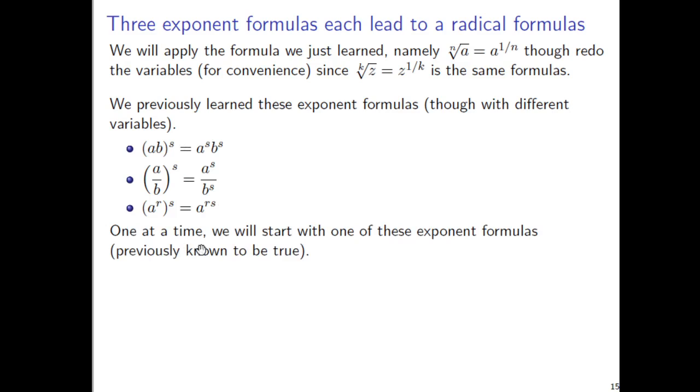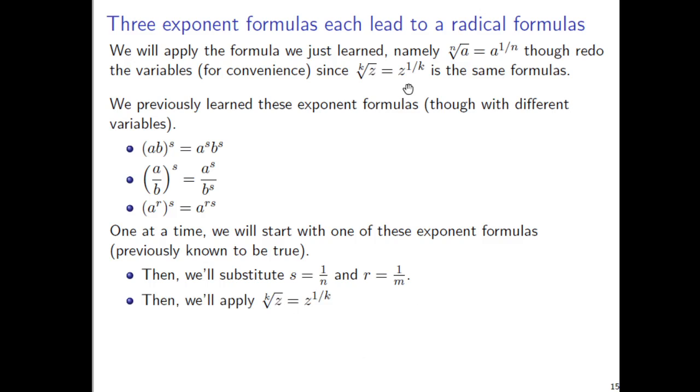And what we're going to do is take one of these formulas at a time. There are three bulleted formulas here. We're going to take one of these exponent formulas, which we have already argued to be true. So these three formulas we should trust, but we're going to start with these and then create new formulas. What we're going to do in each case is substitute every s with a 1 over n and substitute every r with a 1 over m.